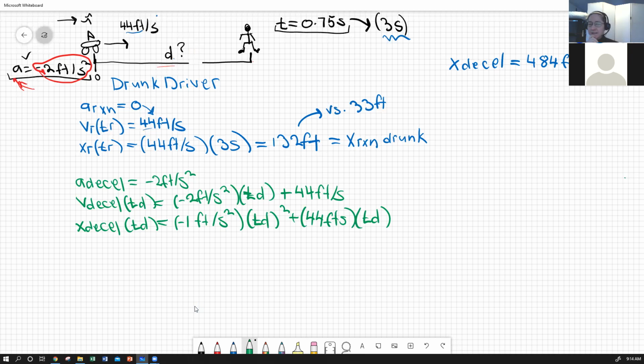This guy started later. But once he hit the brakes, his equation of motion was the same as for the person who started earlier. Because once they hit the brakes, they're not in control anymore. Now everything is controlled by this value. Now the vehicle and highway engineering takes over, and it's out of the hands of the driver. You're going to stop as soon as you can stop, and it's going to be controlled by that A, which will in turn be controlled by the vehicle and the highway.